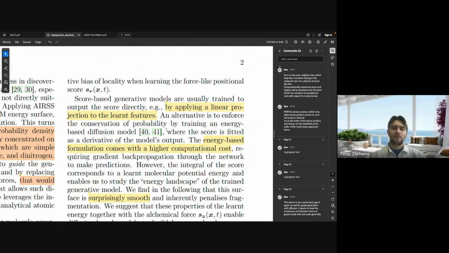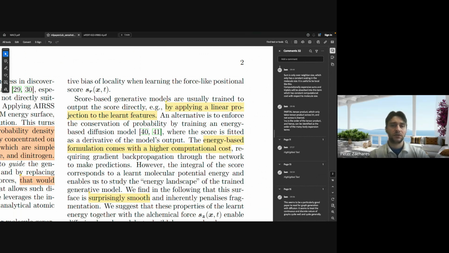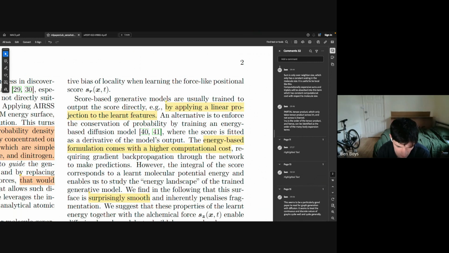Then, does the paper that you just showed us as a good paper also take into account locality, or treat the molecule as a complete graph? I'm not sure. Okay, let me have a look. I think I've got it right here. I'm pretty sure it would also use message passing.